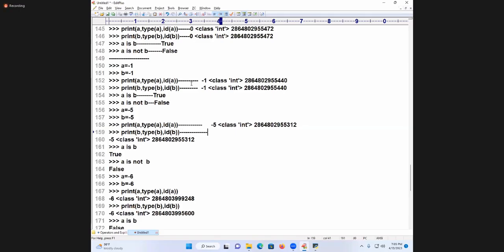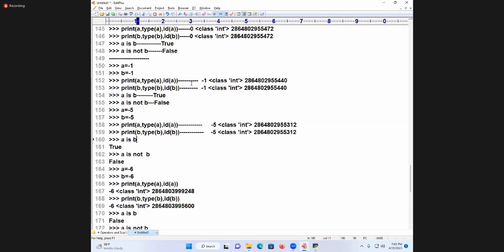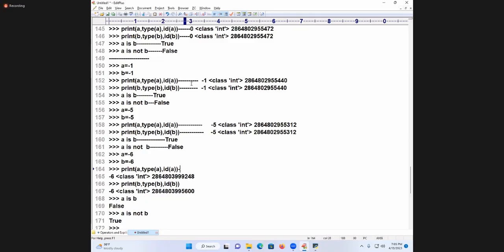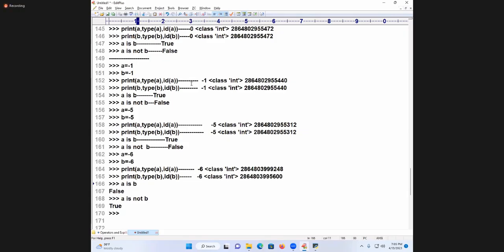Here -5, A is B, A is not B. -6 is available here, B is going to be like this. -6: False here. A is not B is called what here? False, True. This is related to what? All the data types are coming.